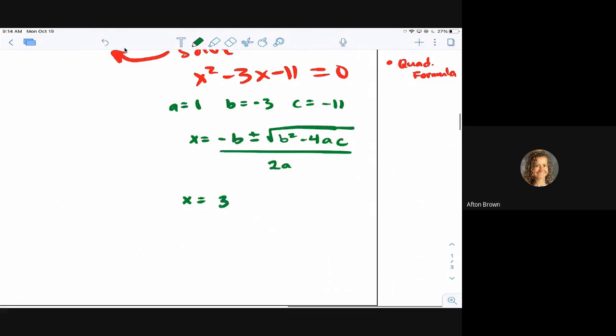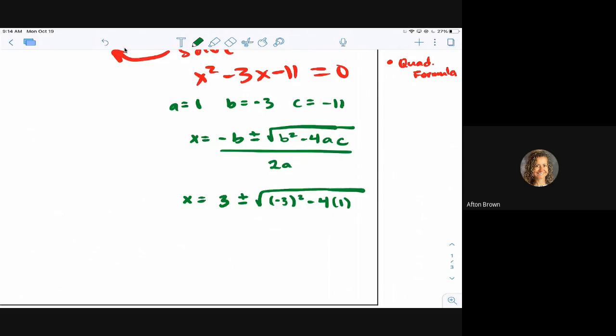So I'm actually going to write a positive 3, then plus or minus the square root. Okay, what's going to go under the square root, Ridge? 3 squared. Perfect, and let's make sure we keep that -3 in parentheses, minus 4 times 1, and then -11. Good. And it's all over what? 2.